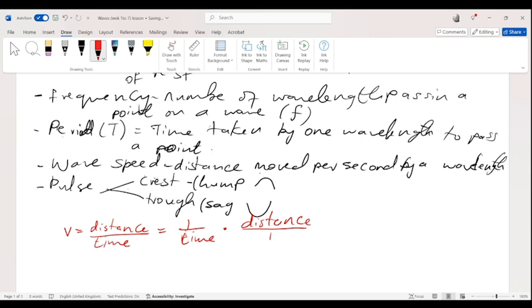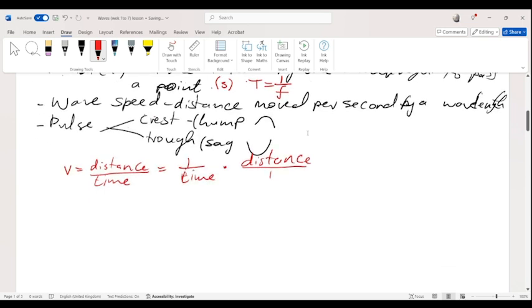Now, the units for period is seconds, and period is given by 1 over frequency. You must just cram those formulas if you have to. It is what it is.